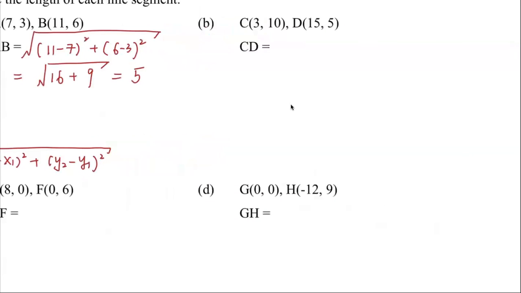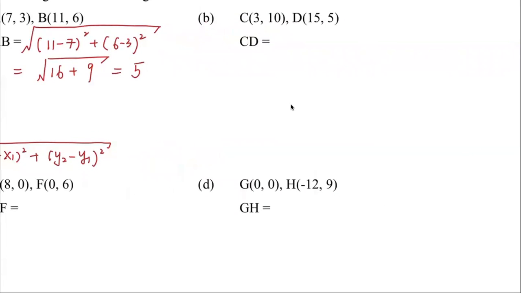Part B, CD: C is (3, 10), D is (15, 5). So CD is the square root of (15 minus 3) squared plus (5 minus 10) squared. 15 minus 3 is 12, and 12 squared is 144.